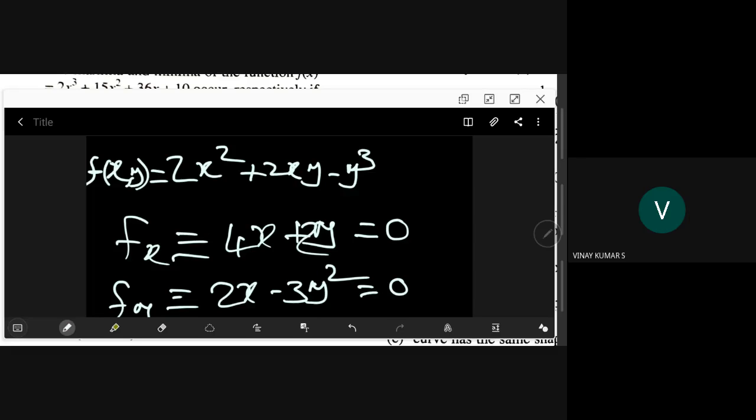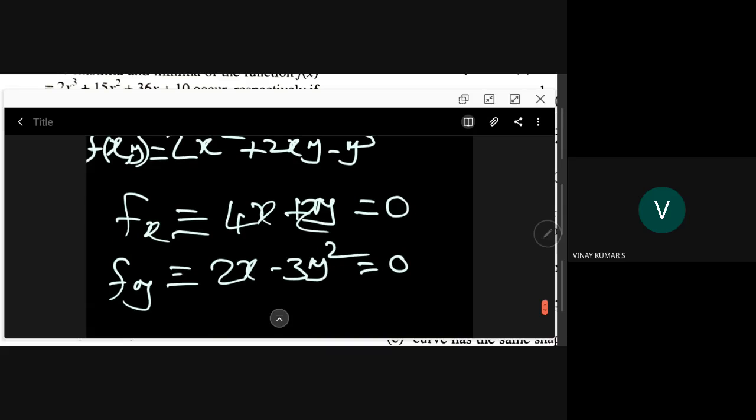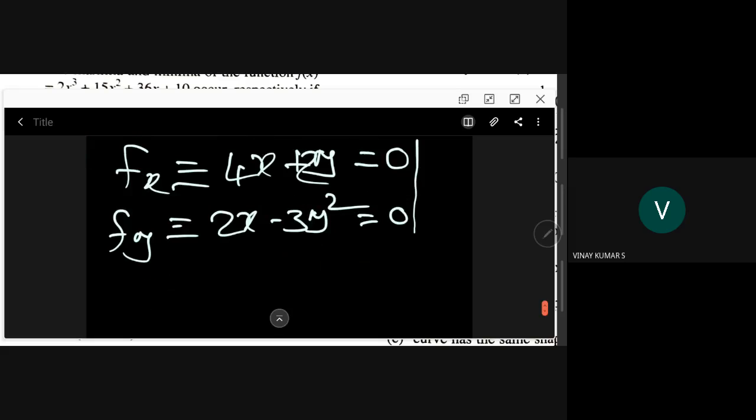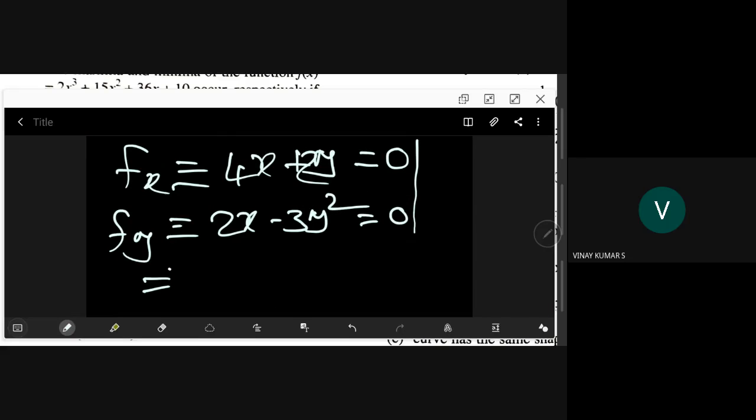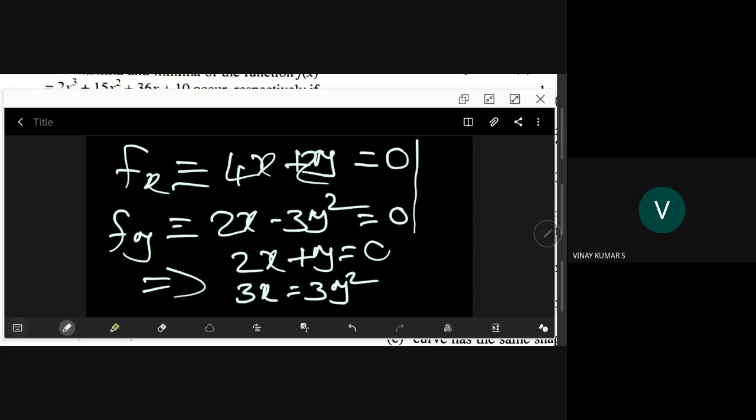So how can we solve? We have to solve these things first. So here, this implies 2x plus y is equal to 0 and 2x is equal to 3y square, right?